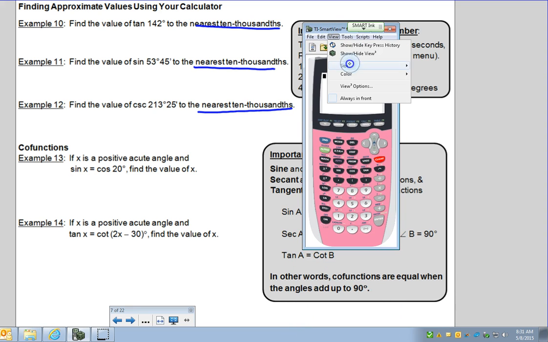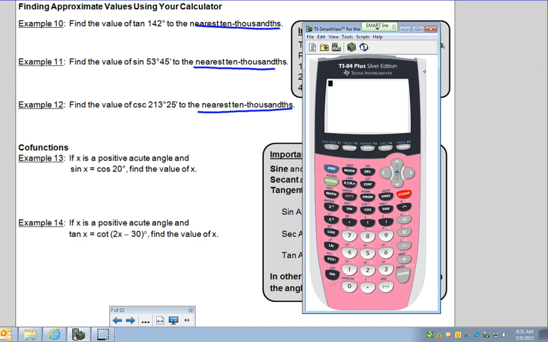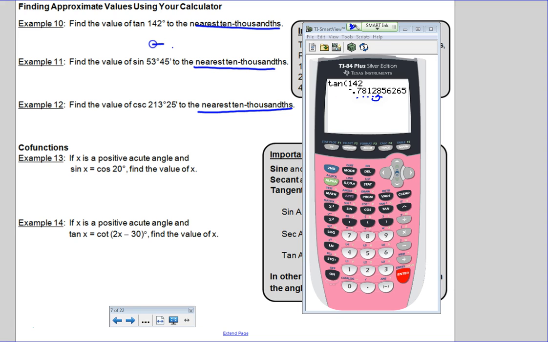Okay, well, tan of 142 is easy. Tan 142, you're fine. That's your value. 10 thousandths is 4 decimal places. I look over here, that's an 8, so it's going to round the 2. So it's negative 0.7813.